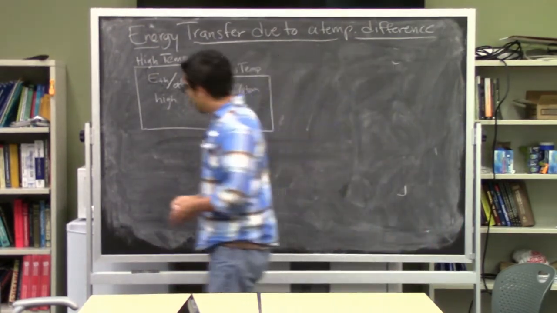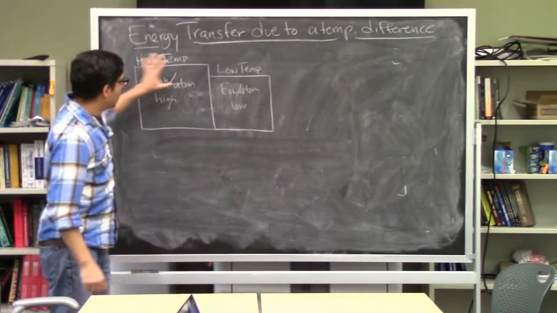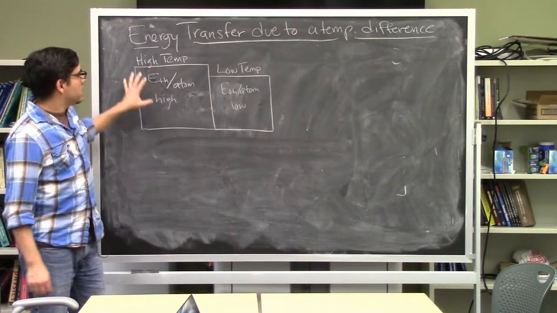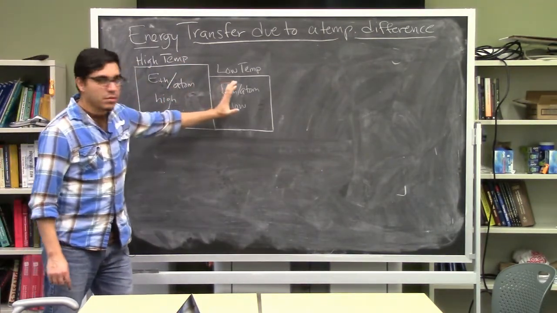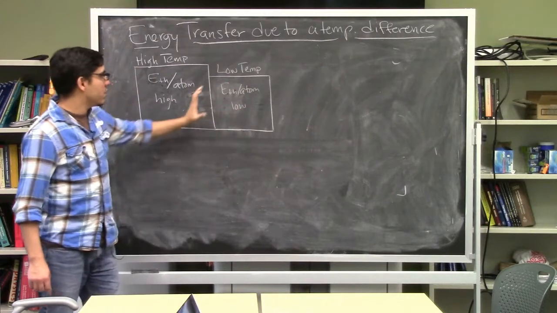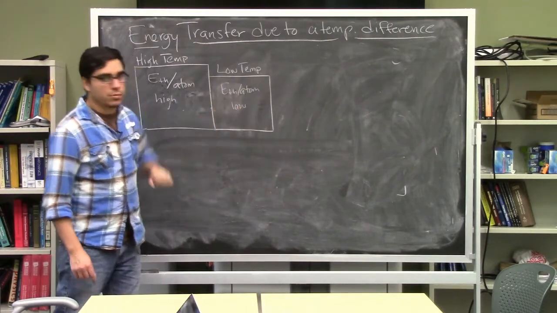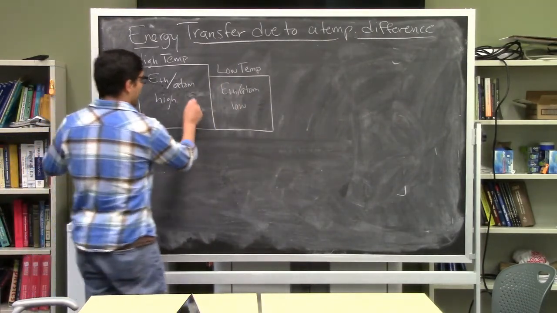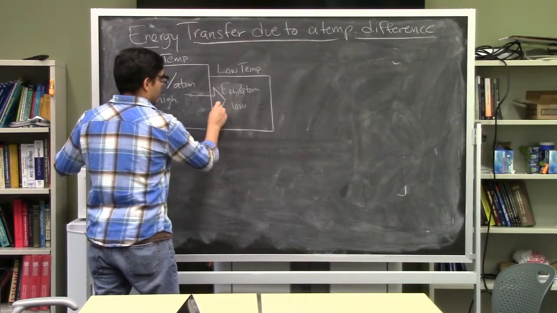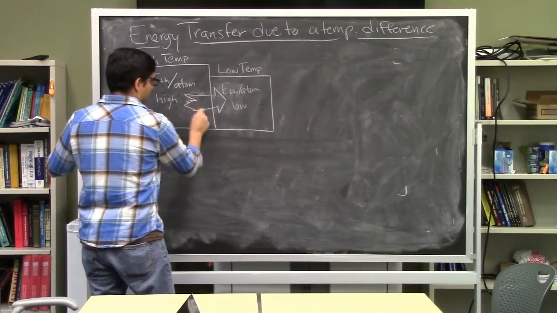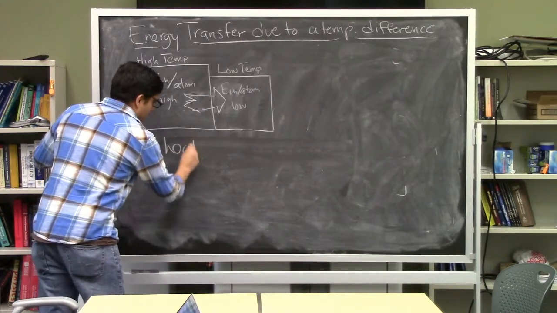And so as a result, a lot of the thermal energy that was in the high temperature block moves across the boundary through these microscopic collisions with other atoms, so that the low temperature block gains thermal energy. Now, this transfer of energy across this boundary we refer to often as heat.